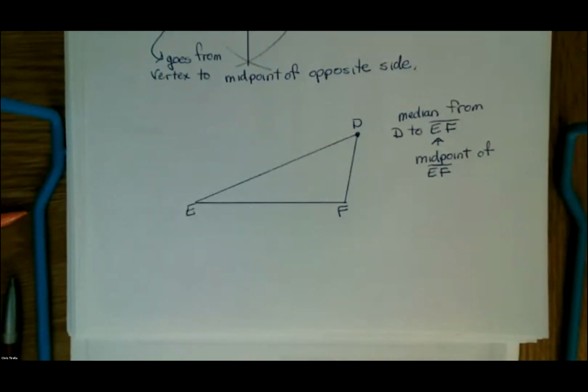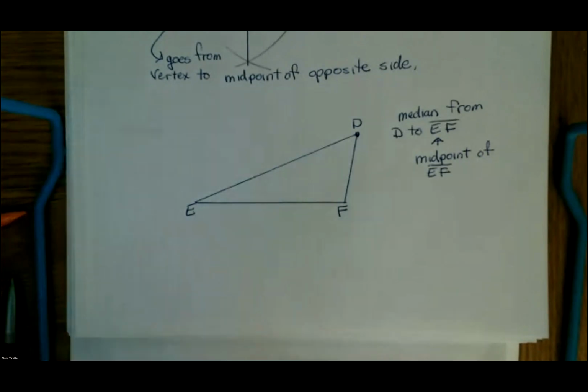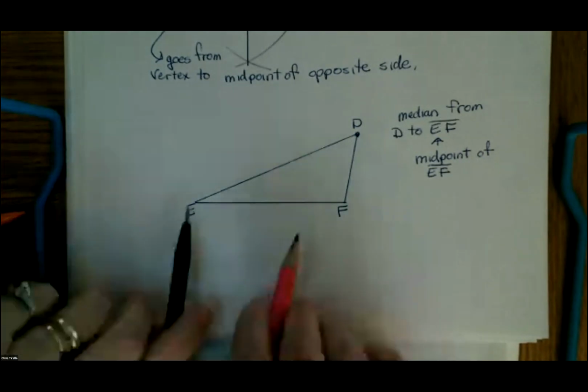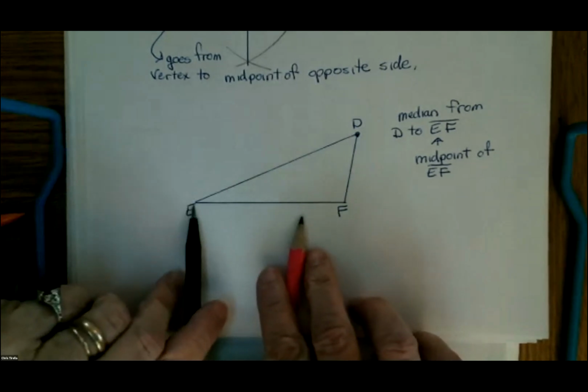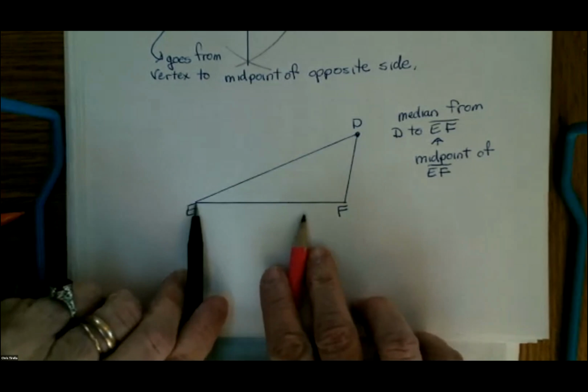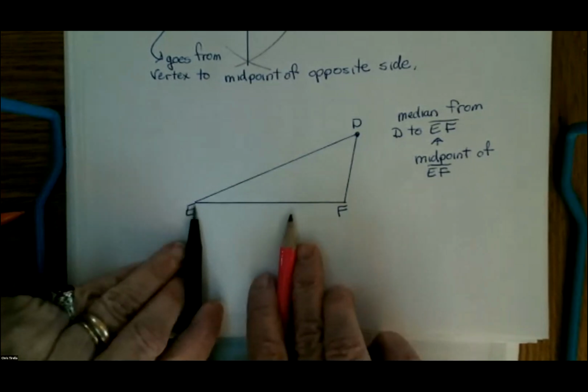And so the construction that we need here is that perpendicular bisector construction, that construction that takes us to the midpoint. So again, if I'm looking for the midpoint of EF, I want to open my compass more than half of the distance for EF.